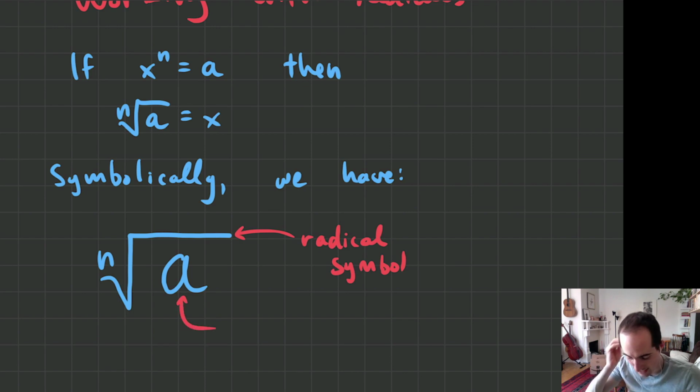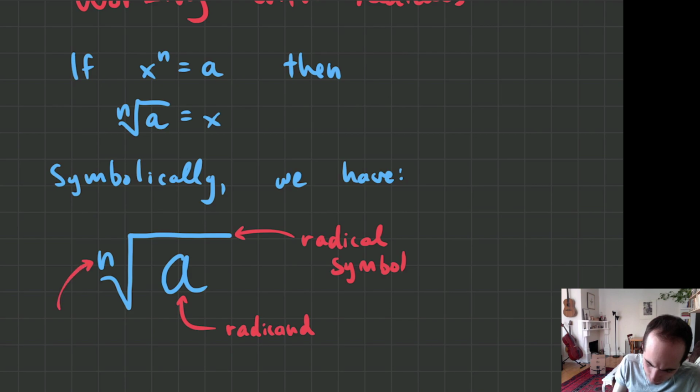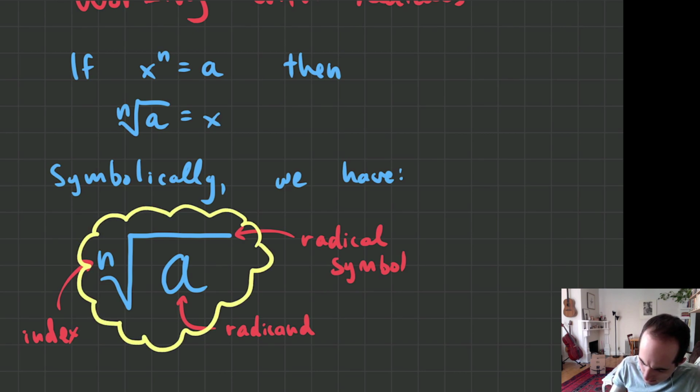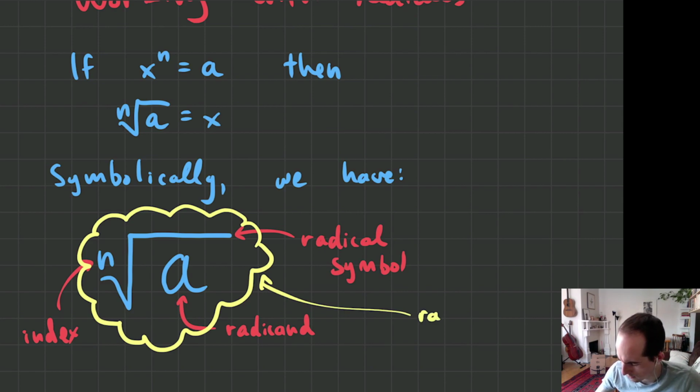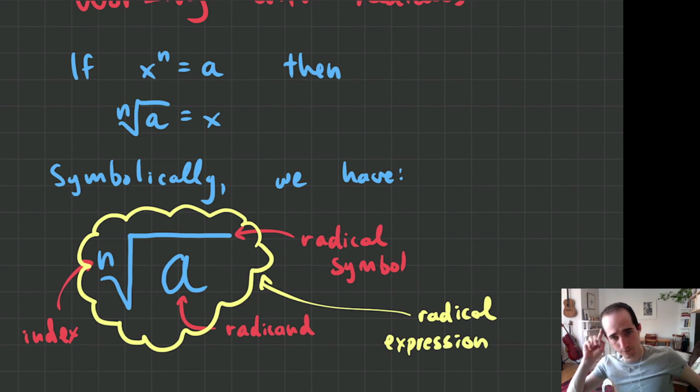This A, the thing that's inside the radical, we call the radicand. And this guy right here we call the index. So that's our index. And this entire thing is called the radical expression. So those are all the terms that we're going to need.